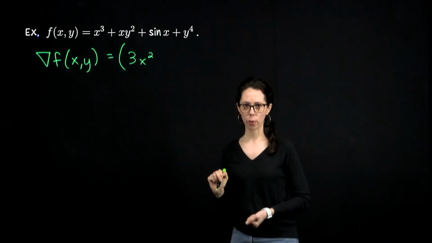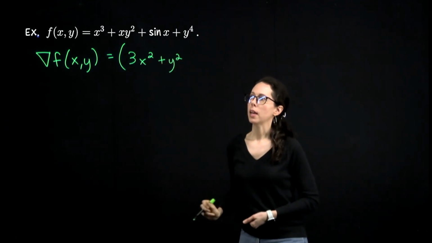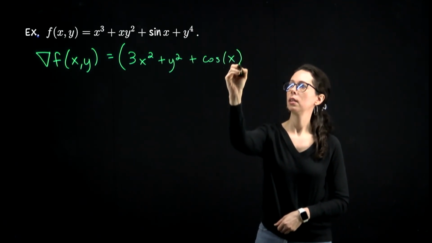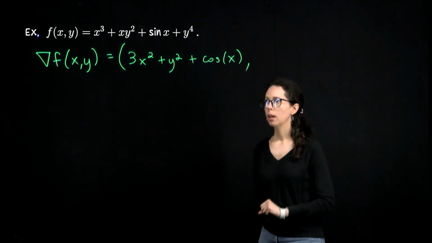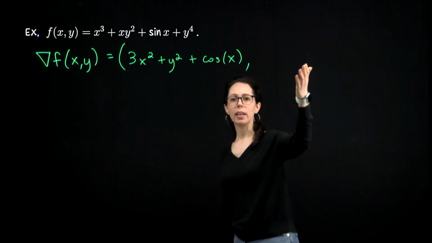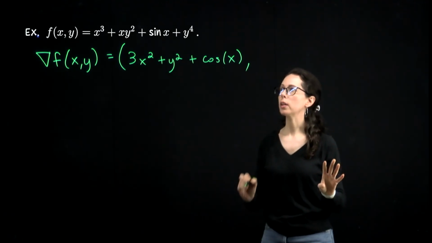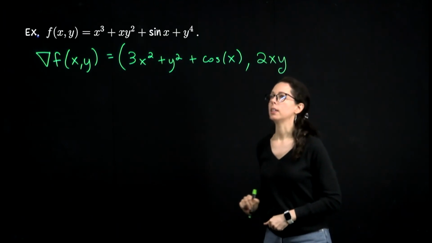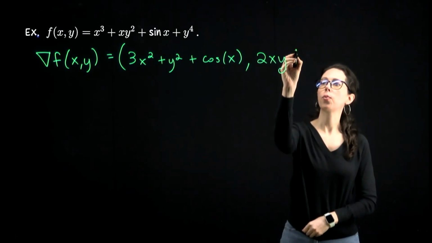Differentiate xy squared with respect to x, and we get y squared. Sine of x with respect to x, we get cosine of x. And then y to the fourth with respect to x, we get nothing. For the second entry in the gradient, we differentiate x cubed with respect to y, we get nothing. Xy squared with respect to y, we get 2xy. Then sine of x vanishes after differentiation with respect to y, plus 4y cubed.